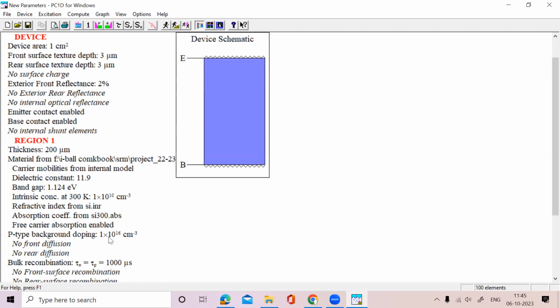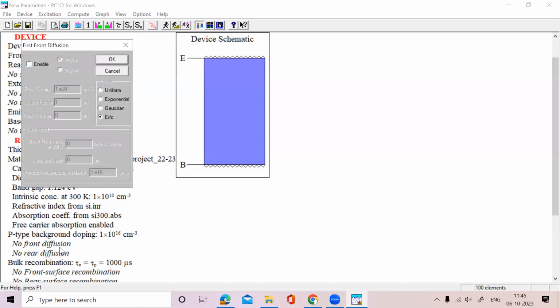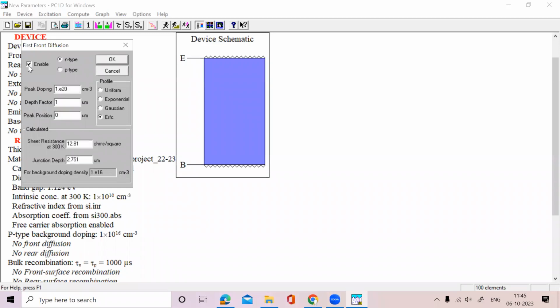But now, what should I do? P-type is already there. What should I do now? Tell me. Yes, I have to do the N-type diffusion. First, go to the N-type diffusion and enable it.